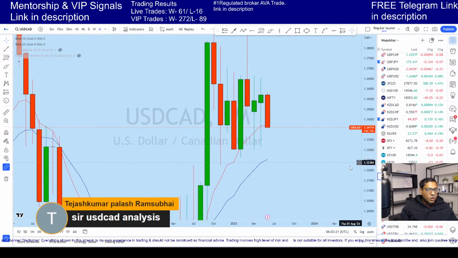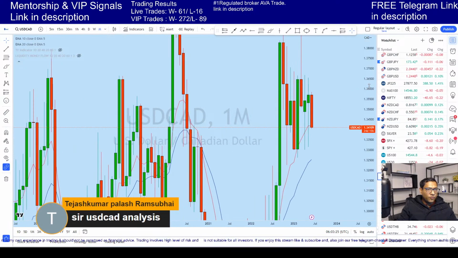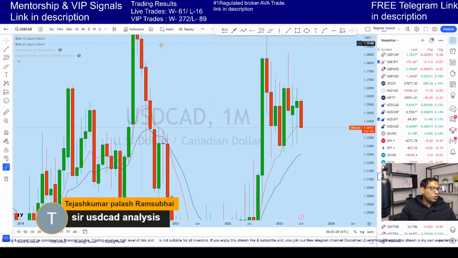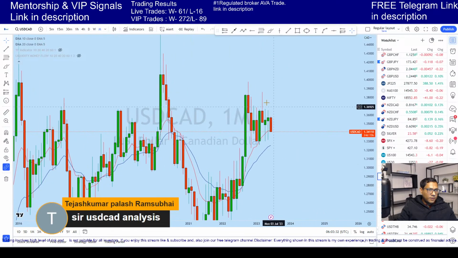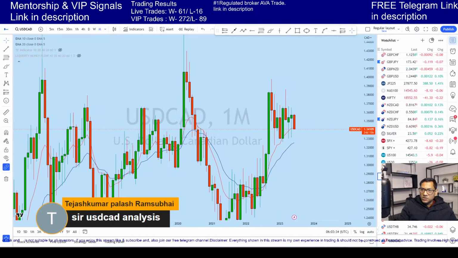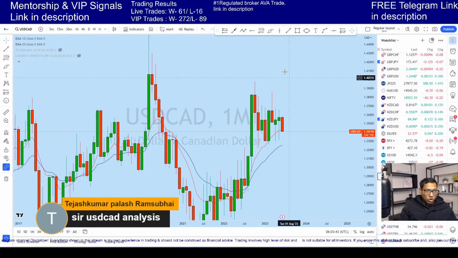Looking at USD CAD, from the bigger picture perspective, back to back two months, we have seen two dojis here.